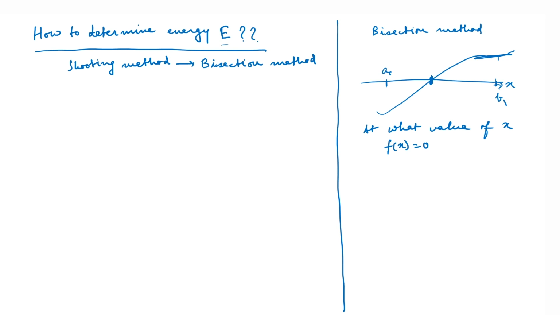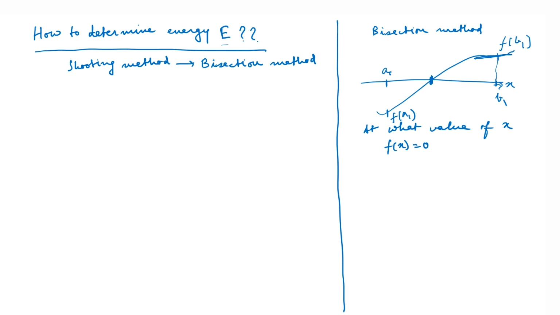You note here that your choice of a 1 and b 1 should be such that it brackets the root. What does bracketing the root mean? It means that the sign of the value of the function, that is f at a 1 and f at b 1, these two should be of opposite sign.